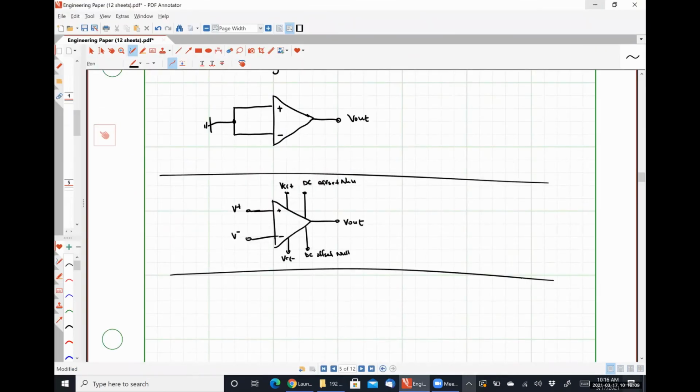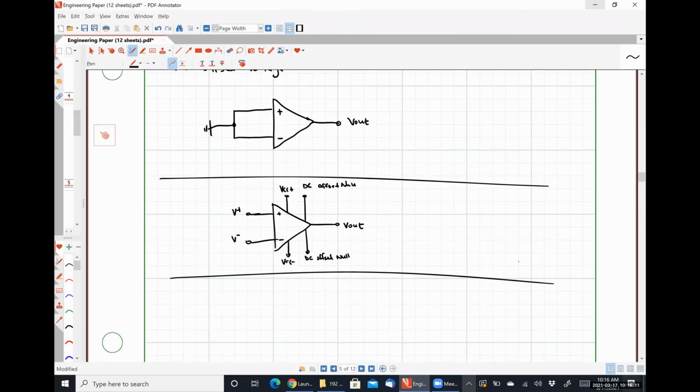Okay, so DC offset voltage. We have a mismatch. We apply a voltage to set Vout equal to 0 when VN1 and VN2 are equal to 0. And this voltage is simply modeled as a voltage source that we place either in series with input terminal 1 or input terminal 2.